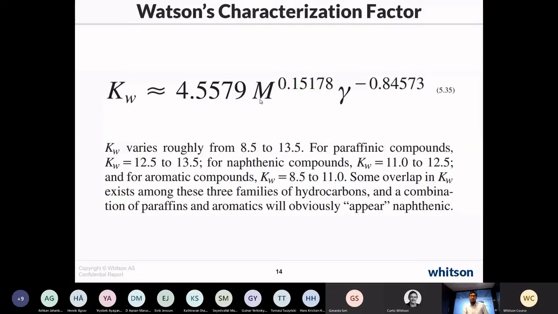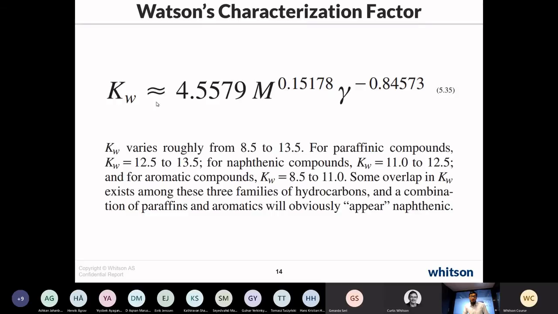Generally, when PVT labs do the compositional measurements, they measure the average molecular weight and the density of the flashed oil or the surface oil. This Watson characterization factor can help us differentiate whether our fluid type is relatively aromatic, paraffinic, or naphthenic. That's very good information for us when we are, for example, developing equation of state models.